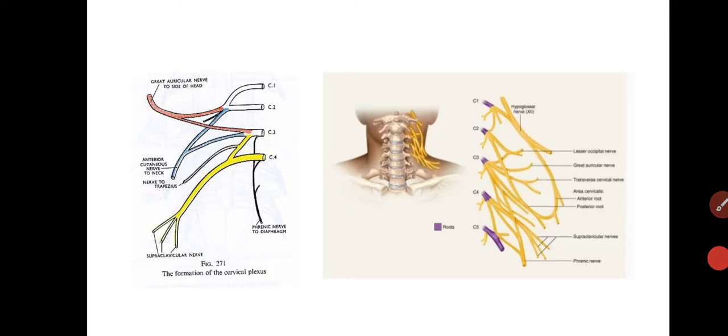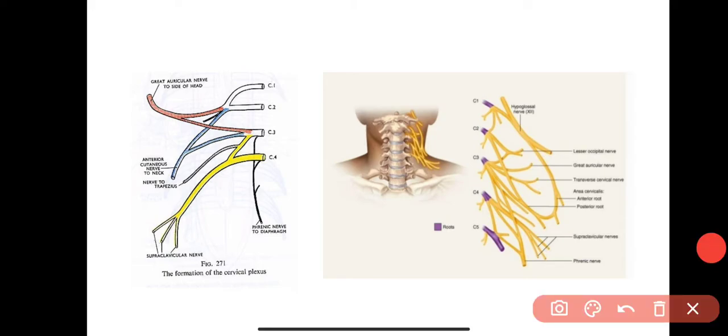This supraclavicular nerve derives from the cervical plexus, and the cervical plexus is formed by the joining of anterior primary rami of C1 to C4, this one. C3 and C4 join to form the supraclavicular nerve. It divides into medial, intermediate and lateral supraclavicular nerves.